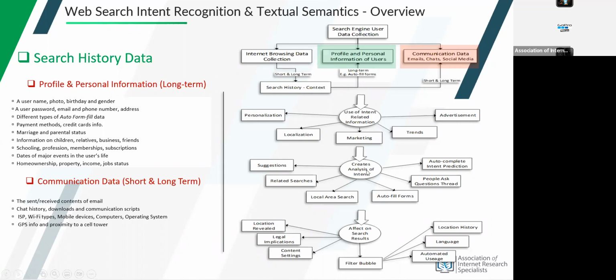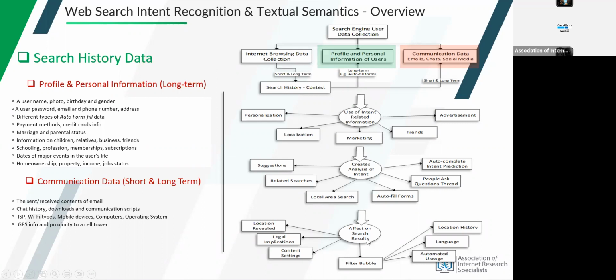So this part is analysis or intent translation. Use of intent related info, in what ways it's going to use, is shown in advertisement, trends, marketing, localization. And then when it is analyzed enough that it can bring you the results along with all these attributes of different sets of info that appear on your search pages, that is the third layer of how it is being shown on your SERPs.